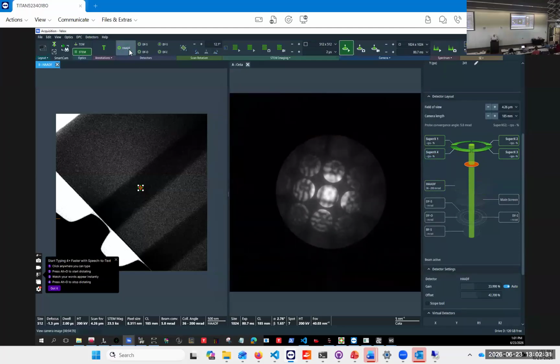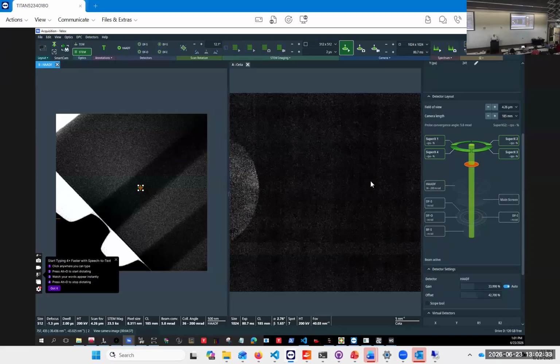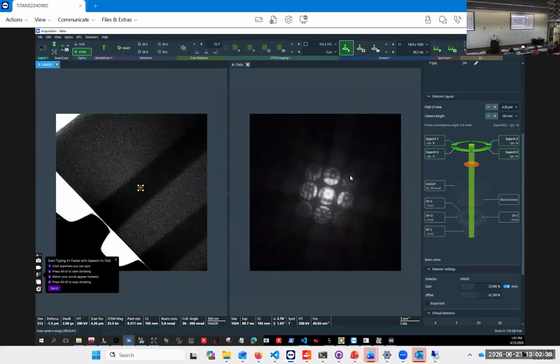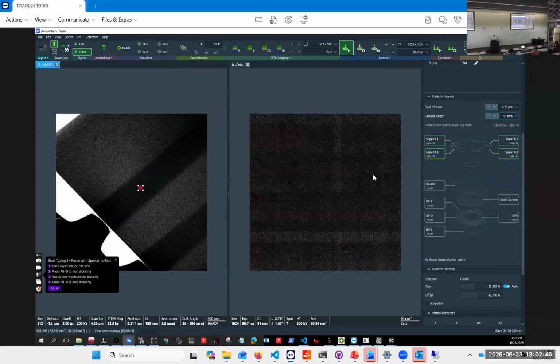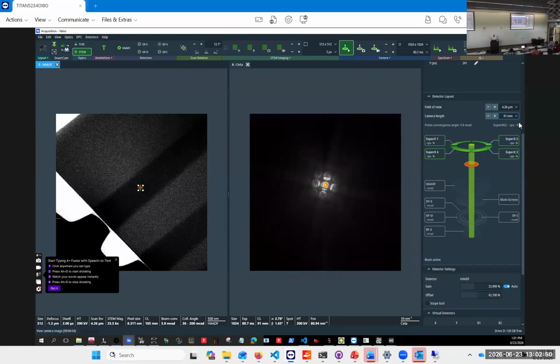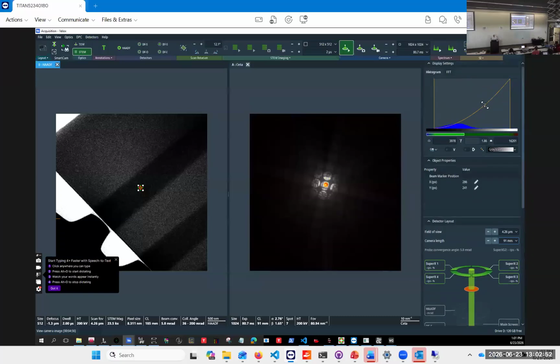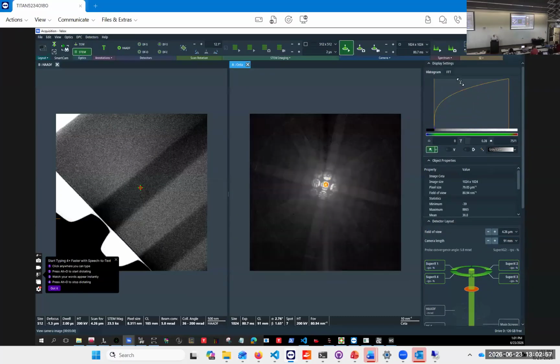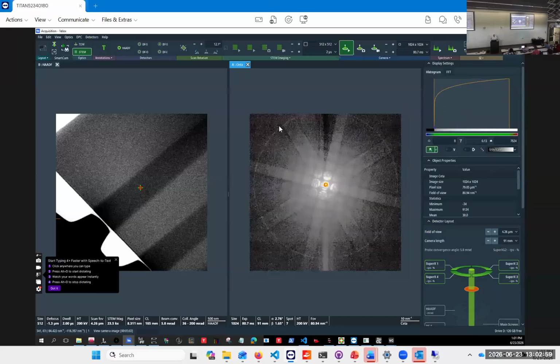Let's take the High-Angle Dark Field out. Our camera lens is not good enough. We need a larger, smaller one. It will change our diffraction a little bit. And here is our Waltz ring.